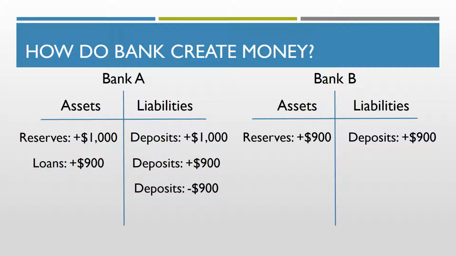So again, Bank B will immediately want to kick out the funding to earn interest. But Bank B is not going to kick out the total of $900, because Bank B has to hold at least 10% of this $900 in reserve. So 90% of this money will be kicked out by Bank B to make a loan to someone else.